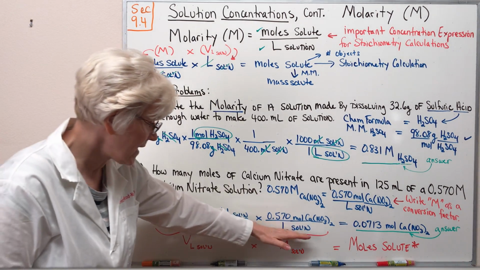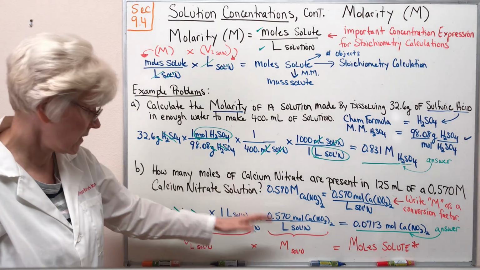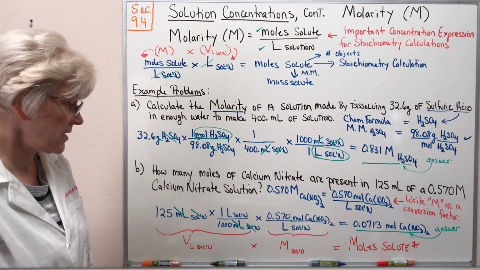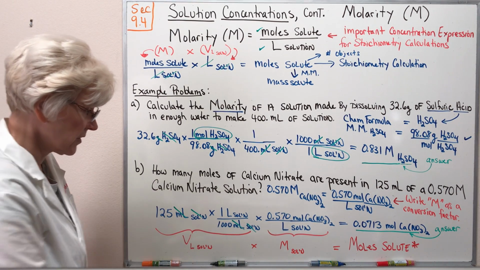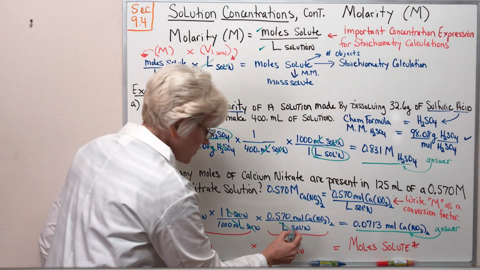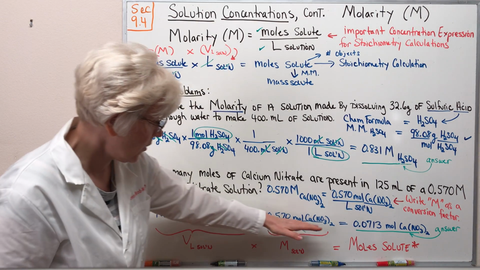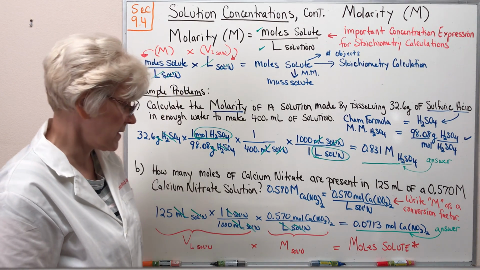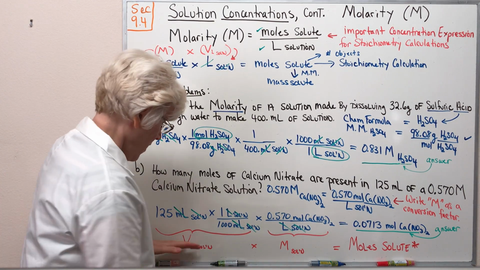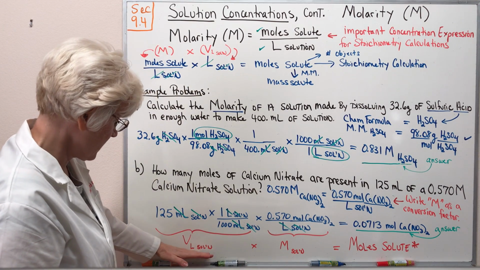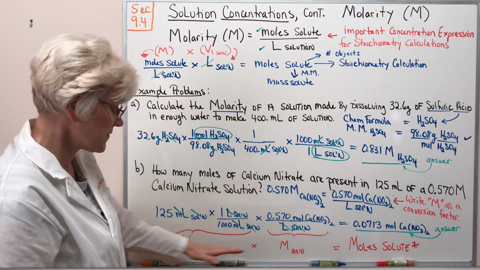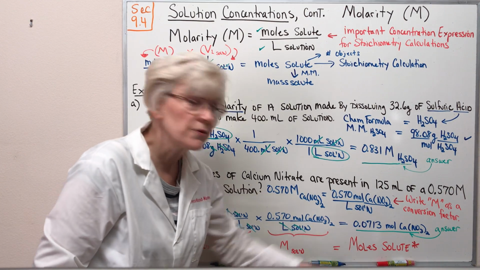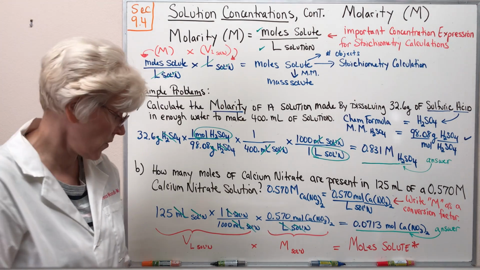And now I'm writing my molarity as a conversion factor, the 0.570 moles of calcium nitrate per liter of solution. My liters of solution are canceling. The only unit left now in the problem is moles of calcium nitrate. So this setup is showing that if you take a volume in liters of solution and multiply by molarity of solution, you calculate moles of solute.